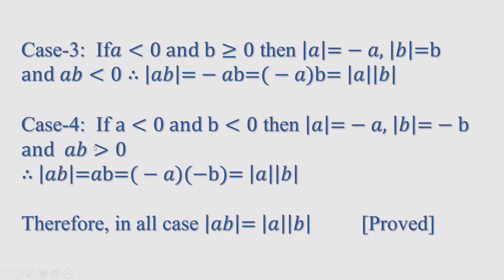From the first condition, modulus of ab equals ab, and we write this like that: minus a equals mod a and minus b equals mod b. Therefore in all cases, modulus of ab equals mod a into mod b is proved.